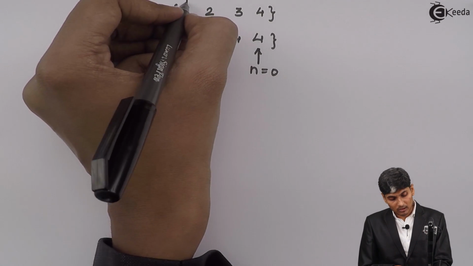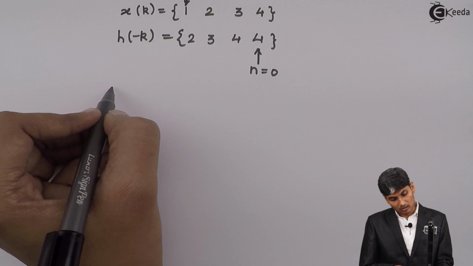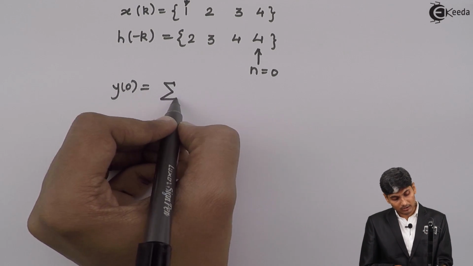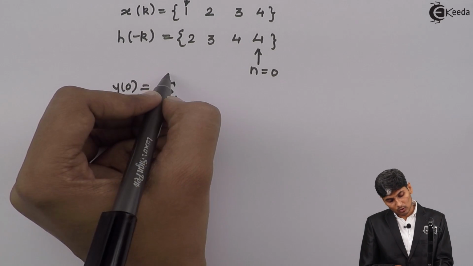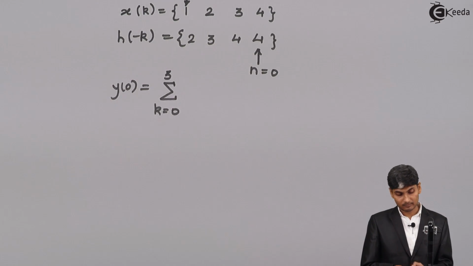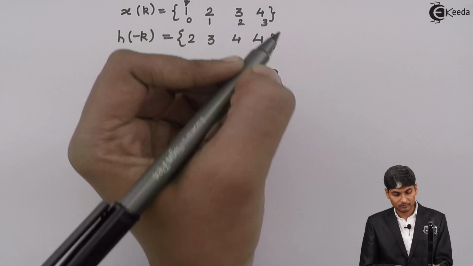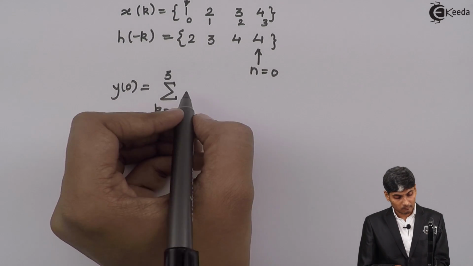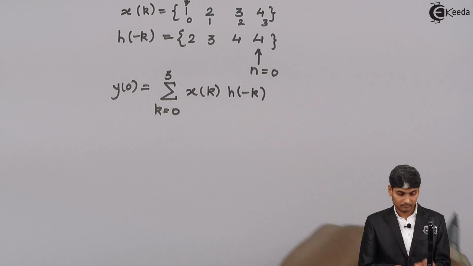Where is my origin over here? It is over here, n is equal to 0. Now, y of 0 is equal to summation k going from 0 to 3, that is 0, 1, 2, 3. So, now my k is going from 0 to 3, x of k, h of minus k.